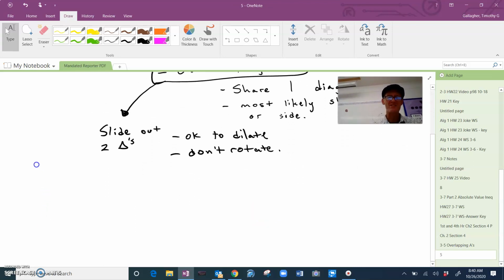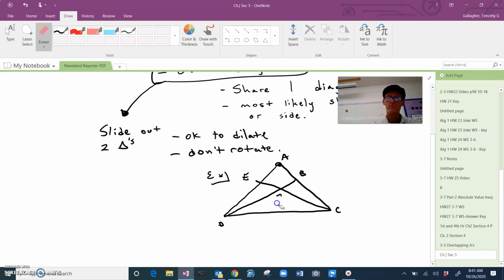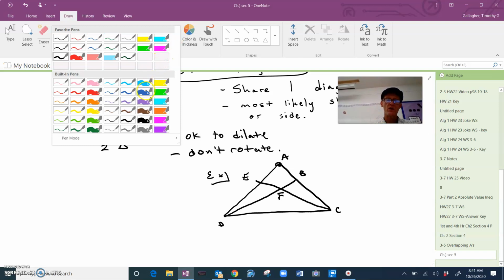So what that means is you might have a diagram like this, and you have two segments going here. And I'll put point A right here, B, C, D, E, and F. In this diagram, the overlapping triangles are here.